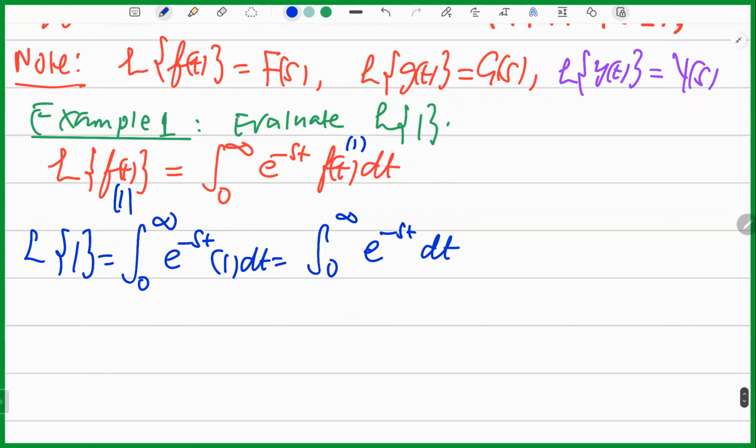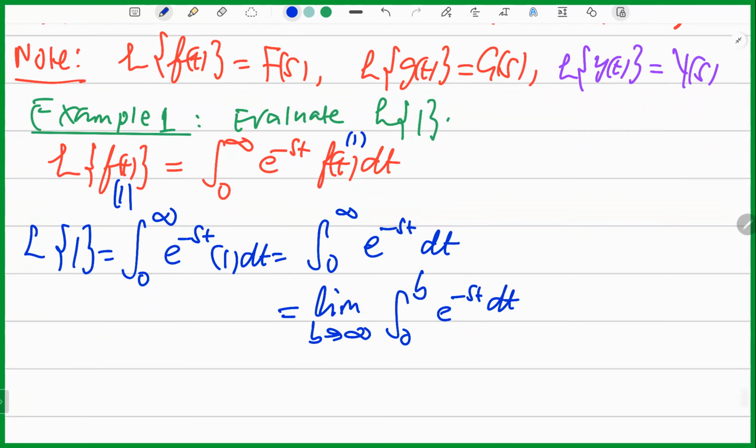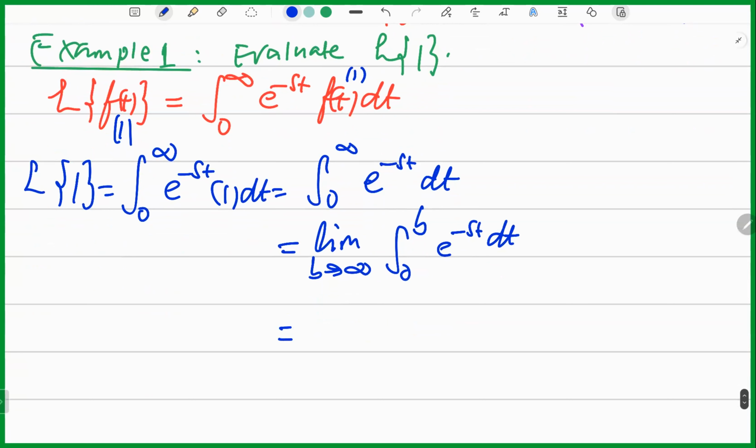So we're just practicing with the basics. This becomes the limit as b approaches infinity of the integral from 0 to b of e to the minus st dt. Now what is this integral?